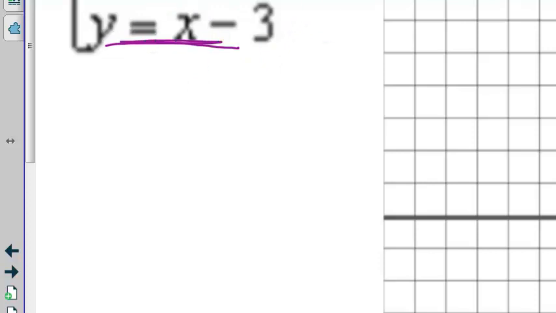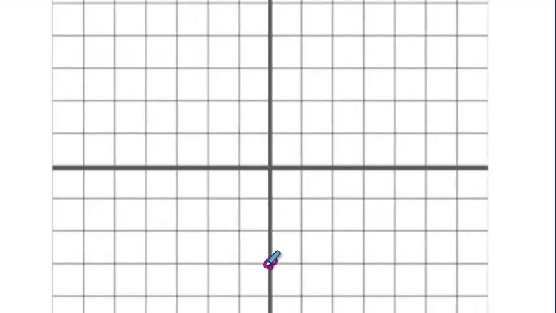What do I start with? Negative 3 on the y-axis, how about? Because we want it to be here, right? My beginning point is always y, so 1, 2, 3 here. What's my slope of this equation? I heard somebody say x.